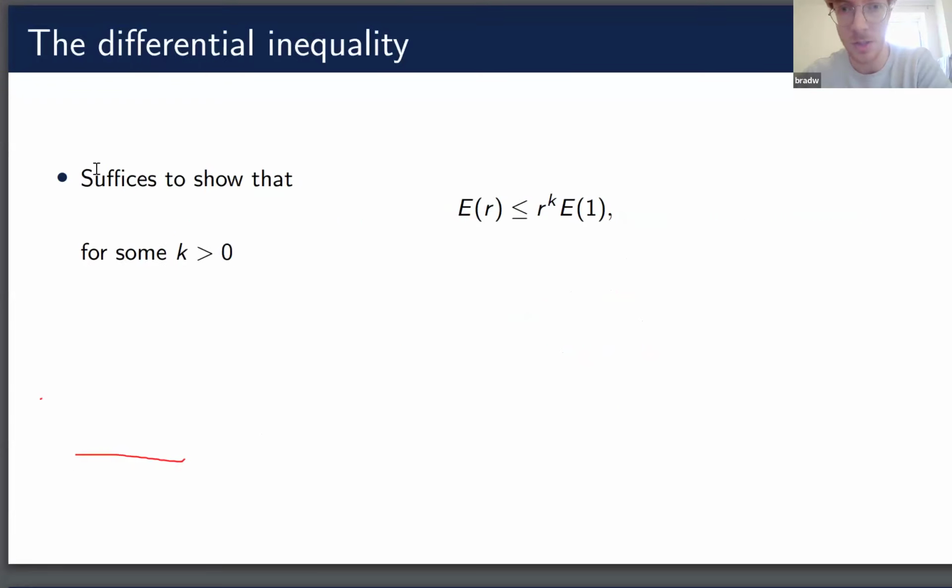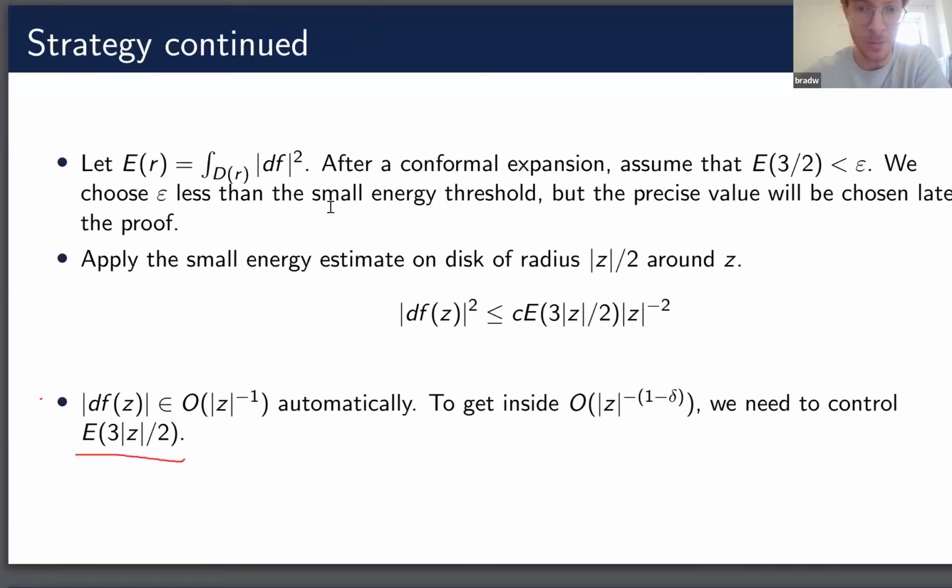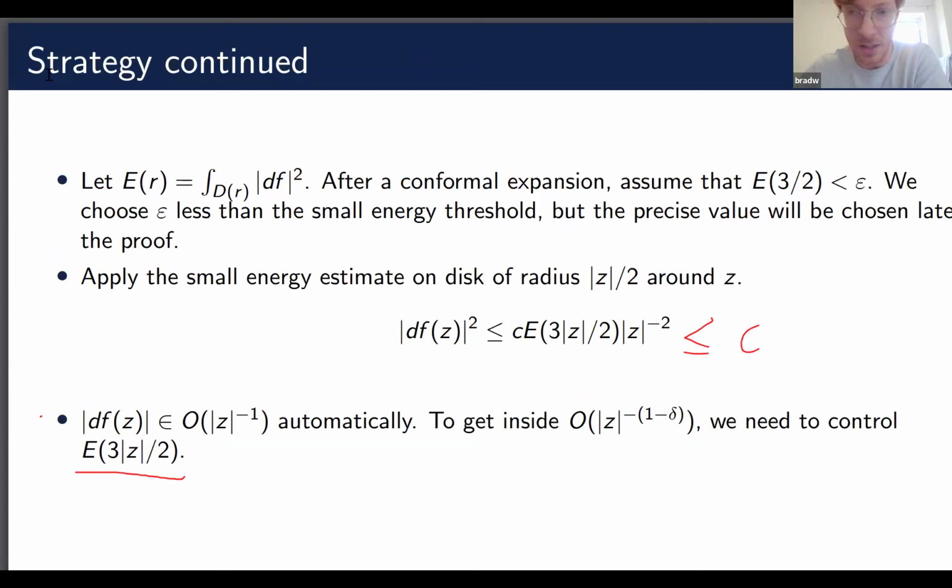So basically, the idea is that it's enough to show that this is controlled by some positive power of the radius. Because if we go back here, that would mean that this is less than or equal to, say, C Z to the possibly some small positive number, and then Z minus 2.